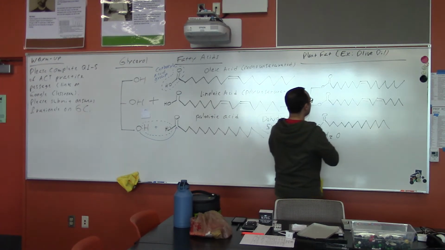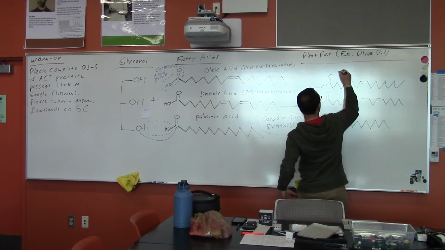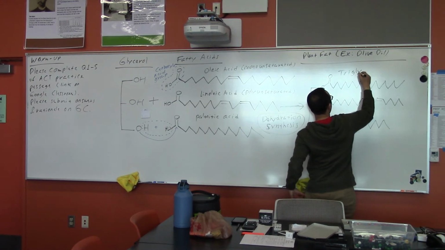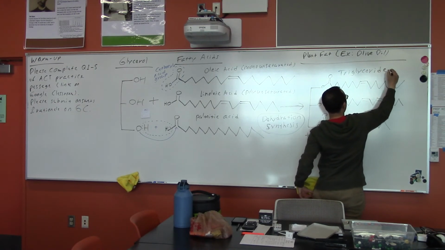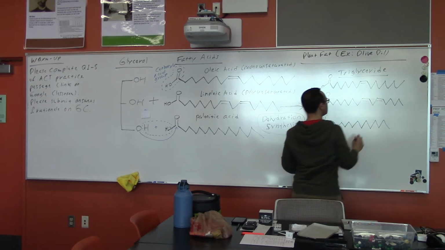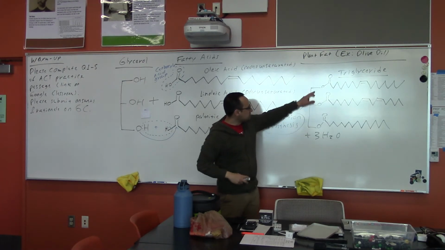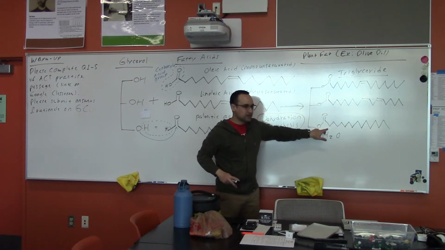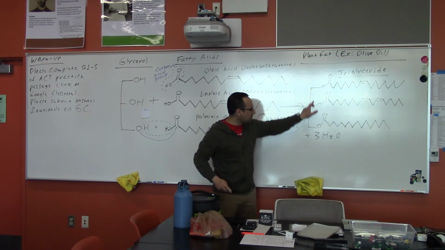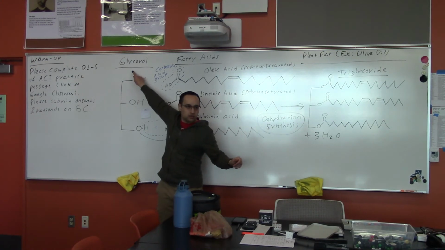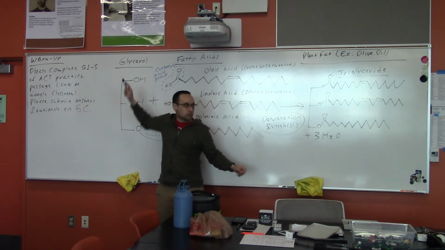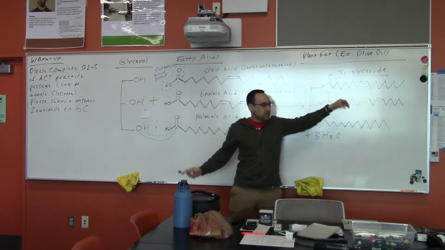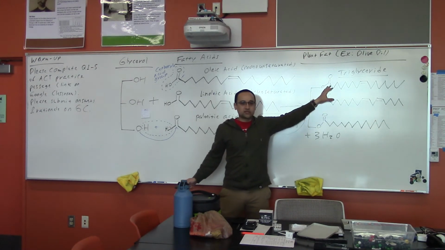This thing over here is called a triglyceride. Okay? This is a triglyceride. Why? Because you've got 1, 2, 3 fatty acids on a single backbone that we call what? Glycerol, right? Tri-3-glycerol, okay?